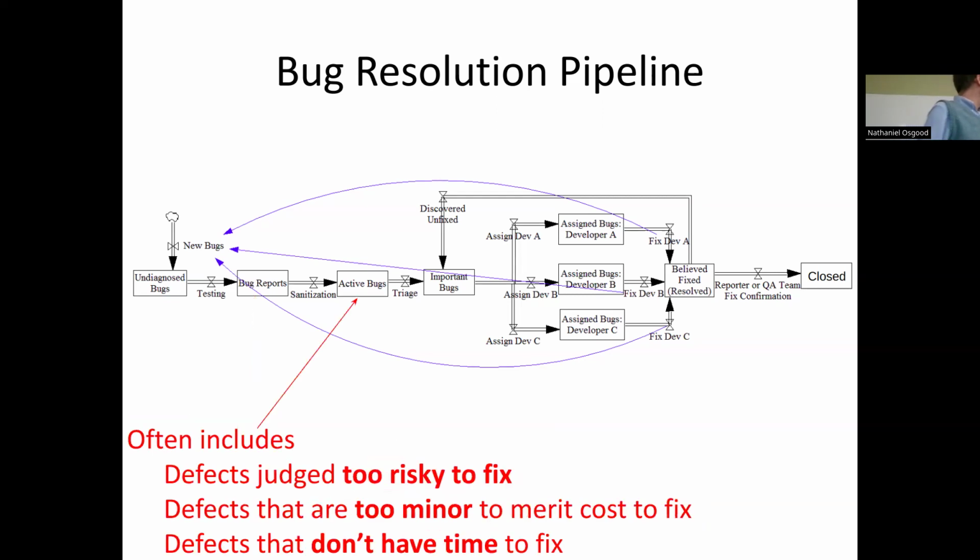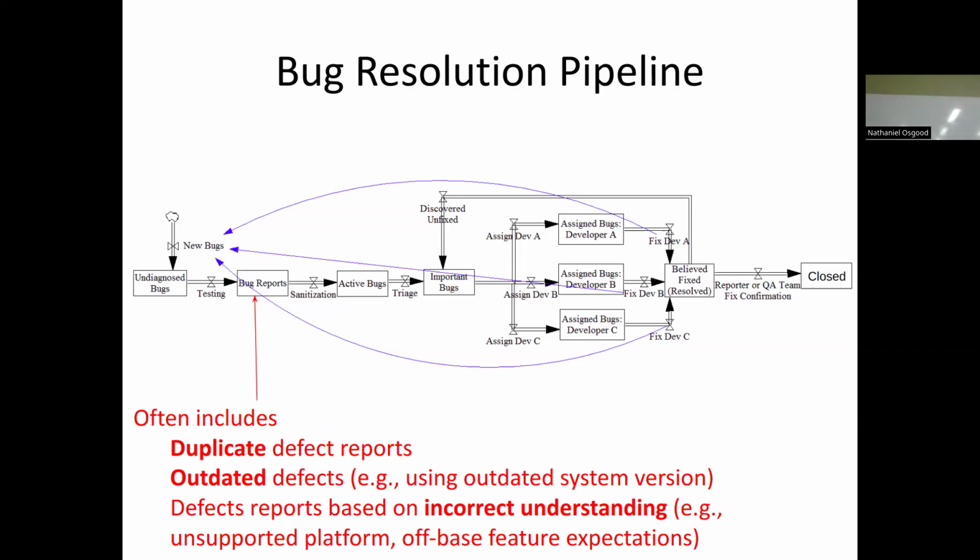Now, this next set is called active bugs. In the process, this is really important.